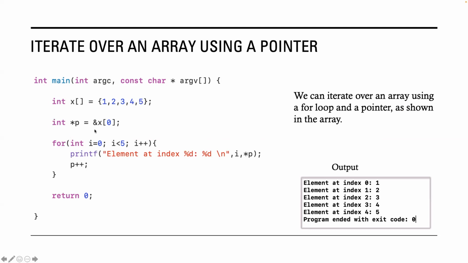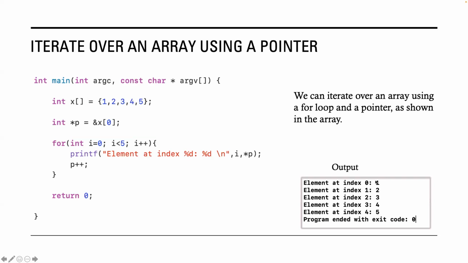And then I assign the address of the first element to P, and I use this for loop to go from one element to another. So here I'm printing the value of the variable to which this pointer points.